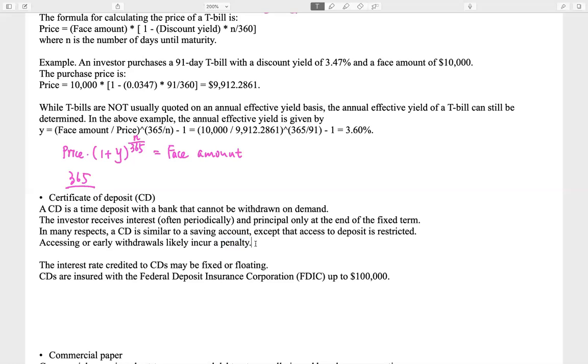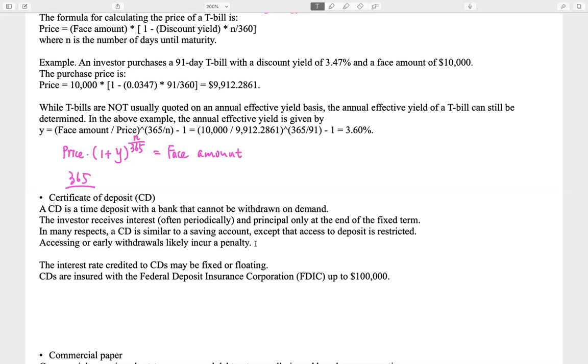Of course, there are also limitations on how many transactions you can make. For instance, I think I'm limited to six transactions, if I remember correctly. But if you have a checking account, usually that's unlimited. For a saving account, it's limited. For a certificate of deposit, you are not allowed to do any transactions without penalty.